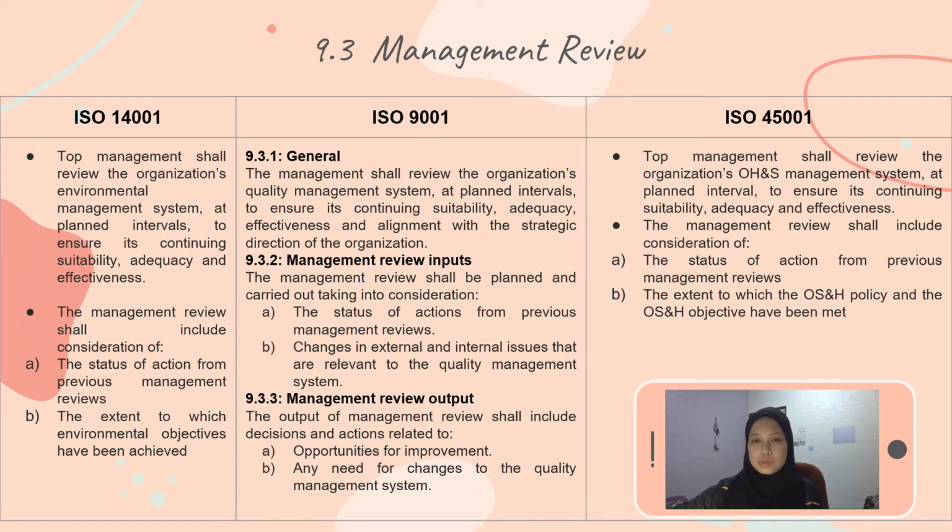In ISO 9001, the management shall review the organization's quality management system at planned intervals to ensure its continuing suitability, adequacy, effectiveness, and alignment with the strategic direction of the organization. In ISO 45001, top management shall review the organization's OH&S management system at planned intervals to ensure its continuing suitability, adequacy, and effectiveness.